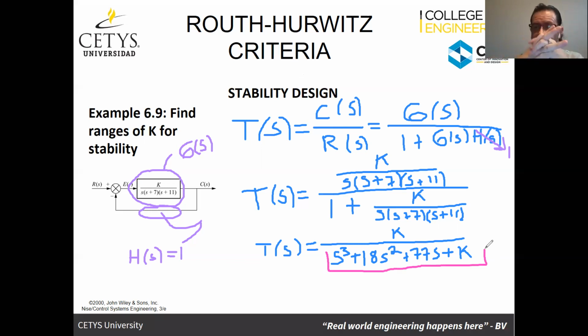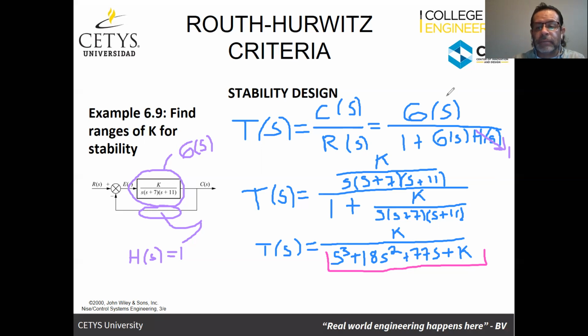It has a parameter that, depending on the value of k, is going to determine the value of the roots, the poles in the end, and that's going to define the behavior of the system. Okay, so let's go to the next step where we're going to try to use the Routh criterion to establish values of k that are going to give us a range of stability.